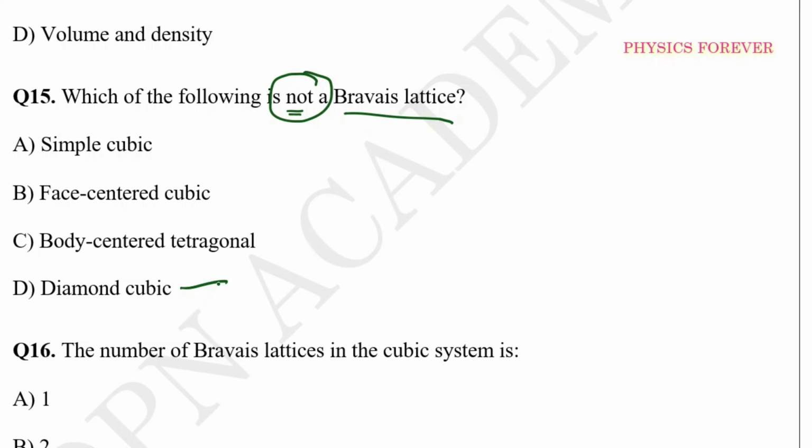It is a crystal structure. You have to remember this. Here "not" is the important word, so the correct option will be diamond, because diamond is not a Bravais lattice, it is a crystal structure.